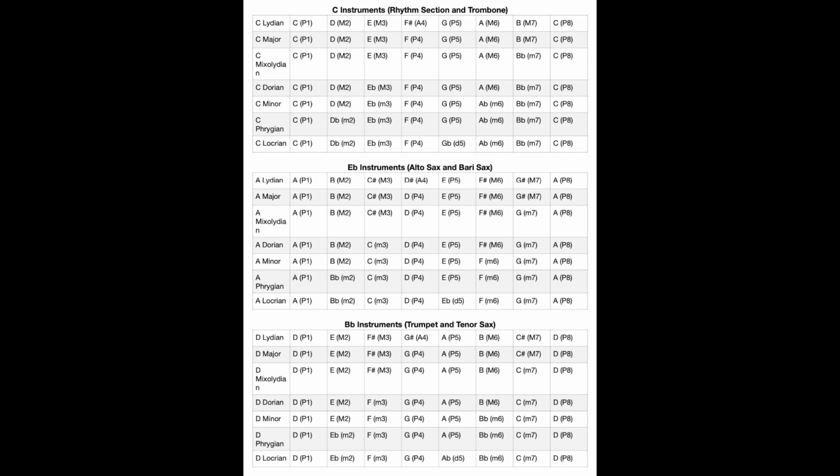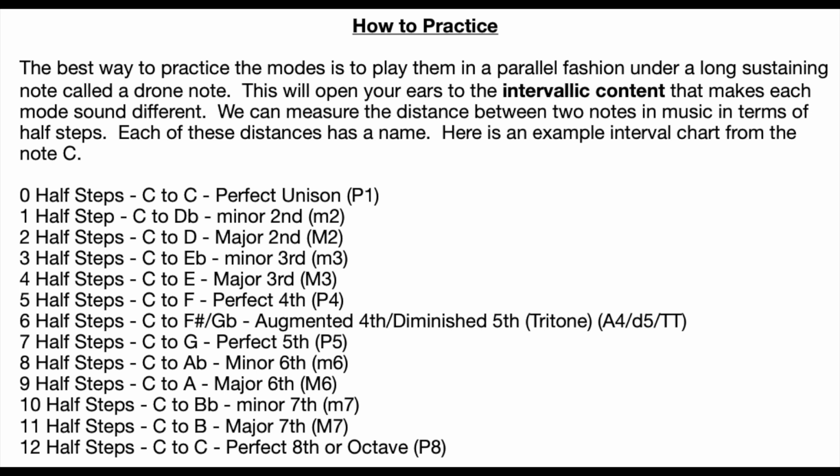So what we want to do is take a little collection of why those modes sounded like they did. The biggest reason is the intervallic content that makes each mode different. Notice every mode had a different note.